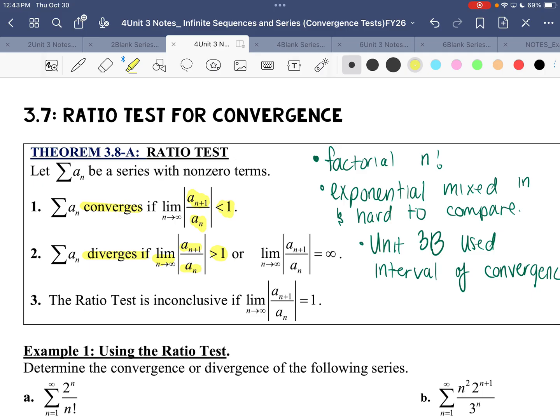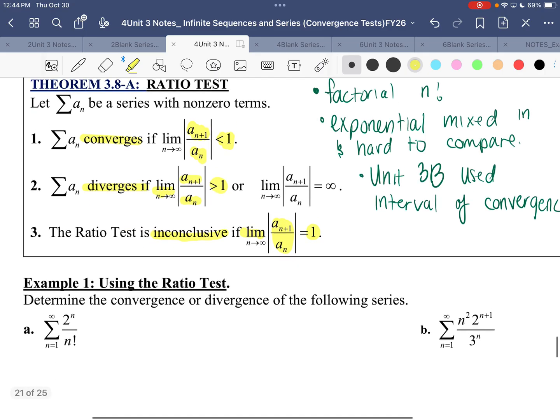Sometimes, though, the ratio test is inconclusive when the limit of the ratio is equal to 1. So be careful. It's not less than or equal to. Anytime you get 1, and it's not like 3/2 or something like that, then it's inconclusive and you gotta use a different test.